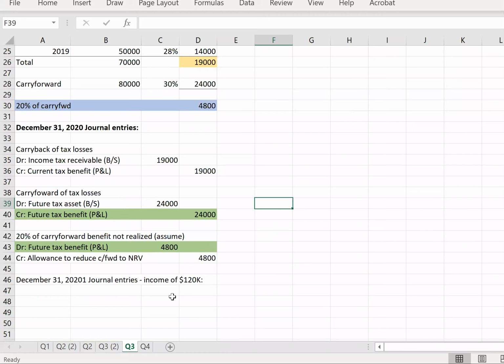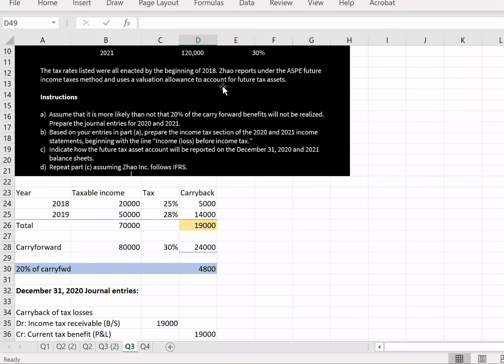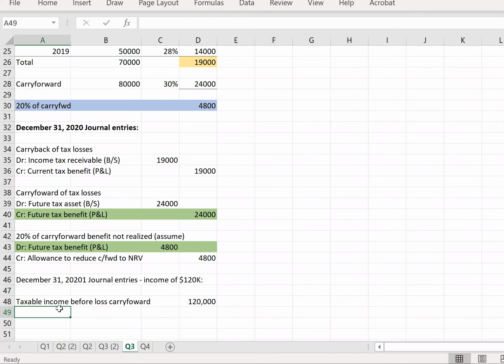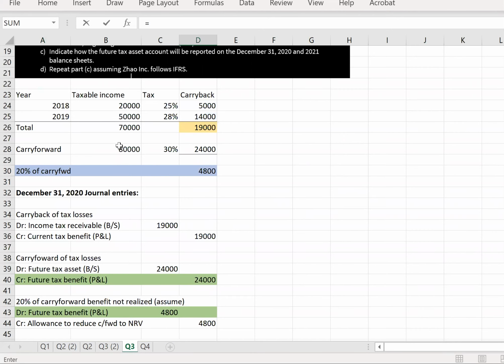So to figure out what our current tax expense is, let's figure out how much of our loss carry forward we can use. So we've got taxable income before the loss carry forward is going to be 120,000, right? Because that's what we made in 2021. Then we've got our tax loss carry forward. We're talking in gross dollars here. So this carry forward, if we go up here, is going to be $80,000.